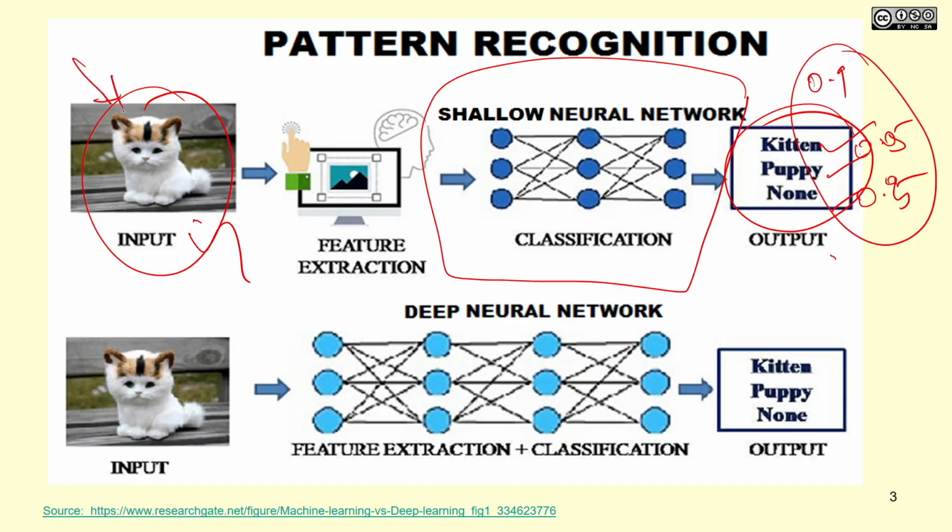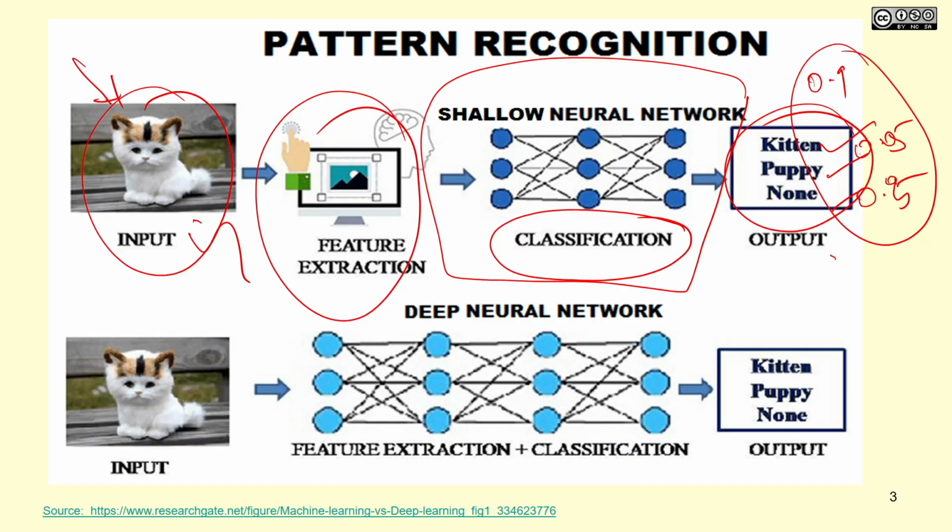So, whenever image data or some unstructured data is given, the unstructured data has to be converted into a structured form, that means the important features are identified and recorded in tabular form. The tabular data is fed to the neural network model, which then does the task of classification.